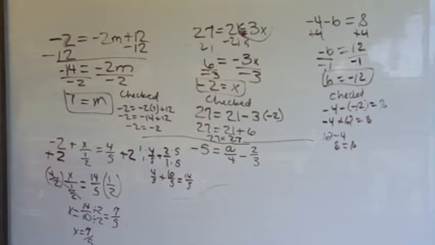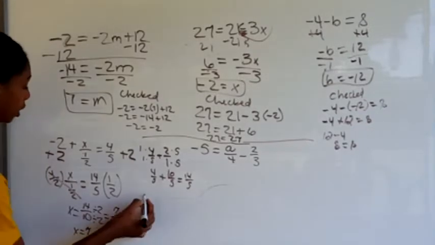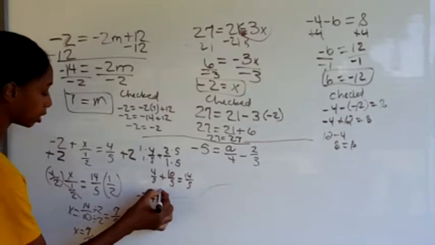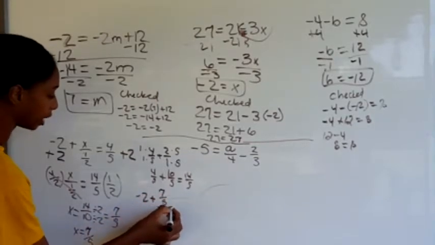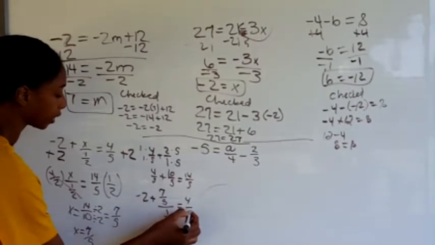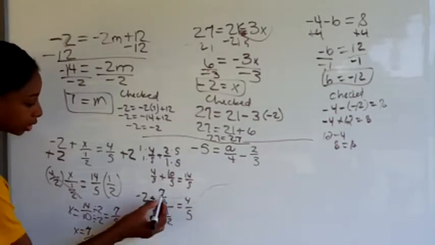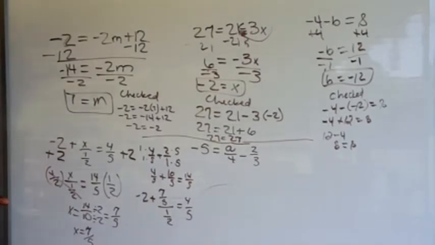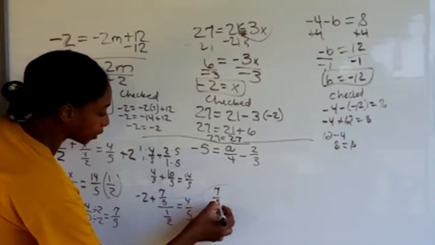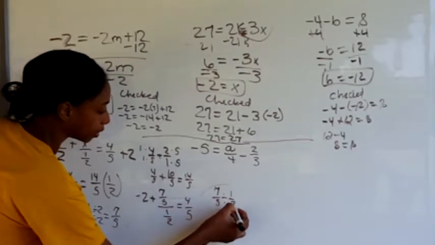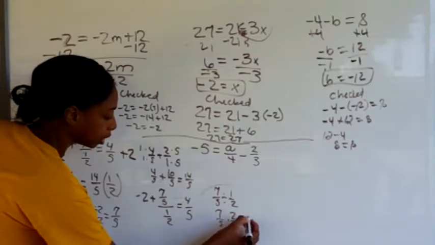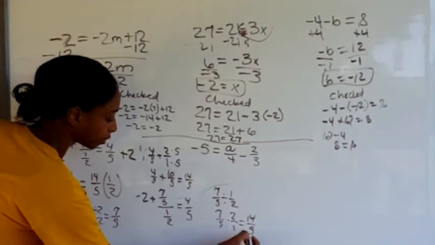Alright, so if we plug that in, we get negative 2 plus 7 over 5 divided by 1/2 equals 4 over 5. And so if we do 7 over 5 divided by 1/2, we do 7 over 5 times 2 over 1, which is 14 over 5.